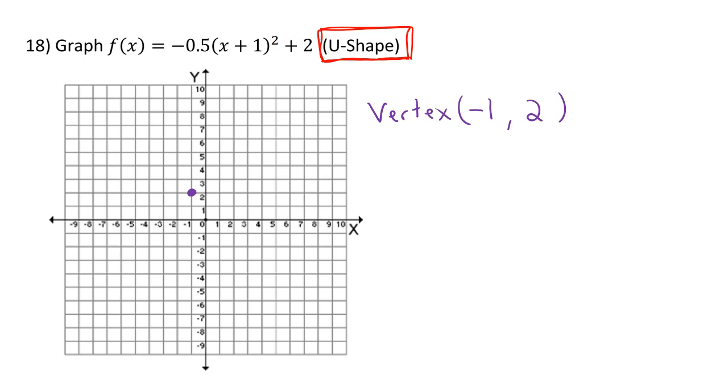So now that I have my vertex, I need another point. The y-intercept is the easiest one to find. So I'm going to go ahead and find the y-intercept, and I know that every y-intercept has an x of 0. So I'm going to plug it into the equation.